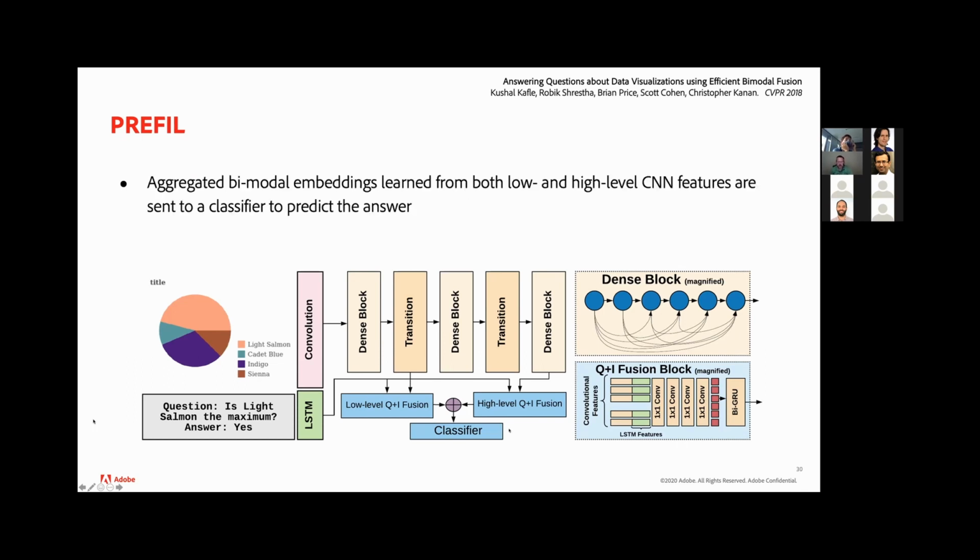And then once this is done, we feed it into this classifier. So now we have this bimodal embedding of these low and high level features that we combined in this new recurrent way and fed into this classifier, and that will give us the final answer. So that's the basic idea of what the model was doing here.